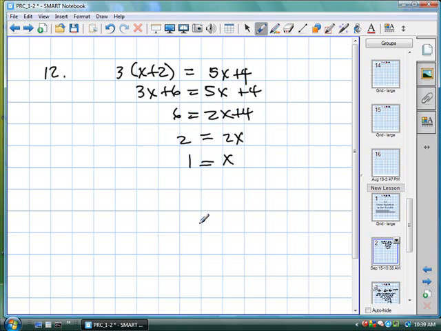Okay, that's a classic example of a conditional equation. It works, but only when x is 1. That's the way most equations are, right? They only work for one or a limited number of values. So there's a conditional. Did they ask you to solve them? No. So I went beyond. They just want you to say it's conditional or it's identity.